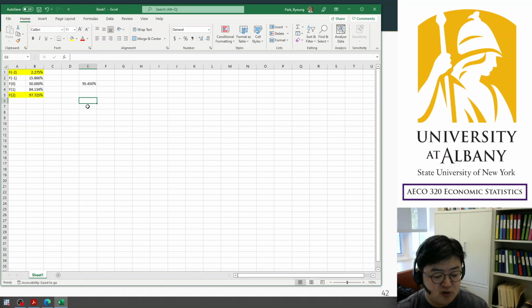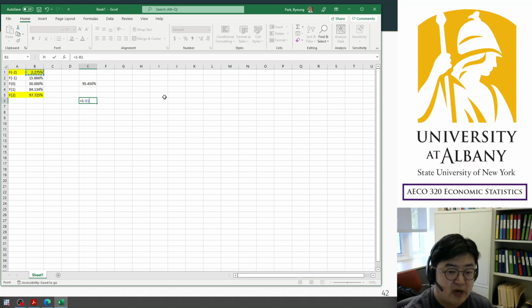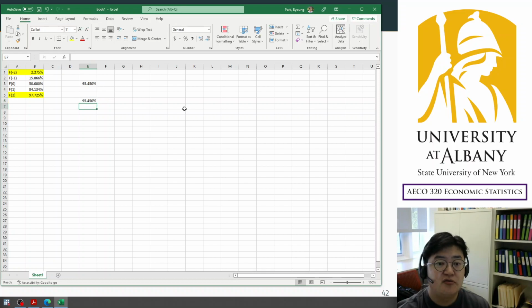Or if you want to use symmetry, probability between -2 and +2 is like this. Out of 100%, you subtract probability smaller than -2, minus you have to subtract probability greater than +2, like this. Then you get the same number.